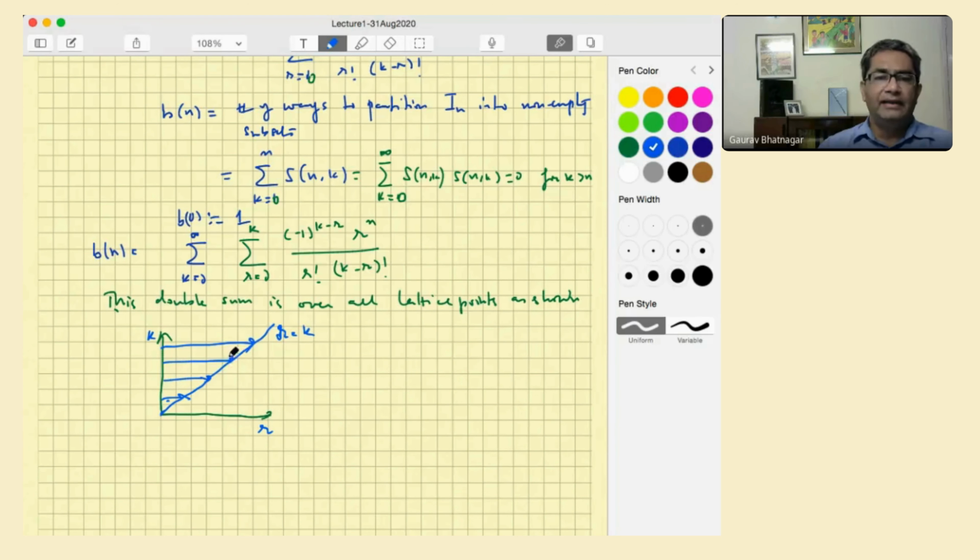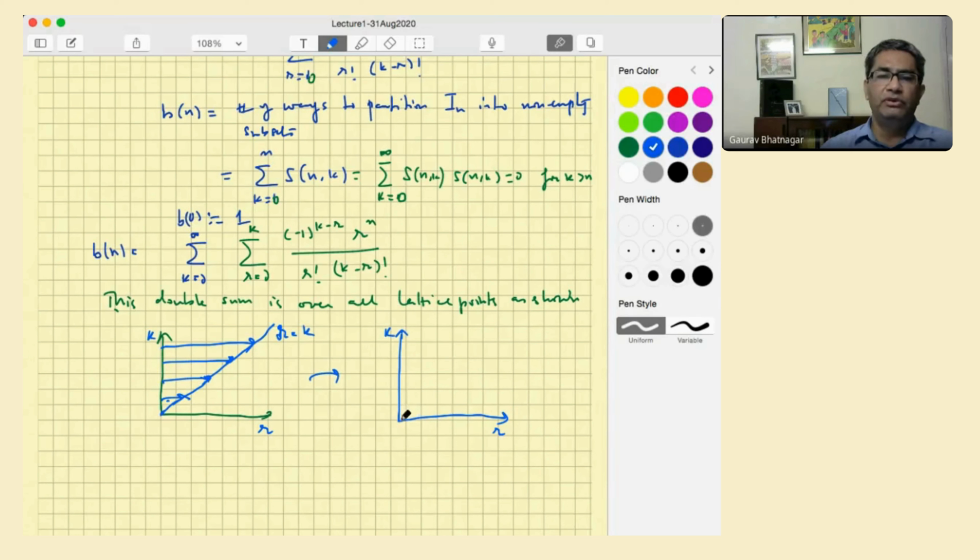So all the lattice points which are in this region are covered by this sum. And what we do is we interchange the sum. So here k is 0, then r goes from 0 to 0. Then k is 1, then r goes from 0 to 1. K is 2, r goes from 0 to 2, and so on.